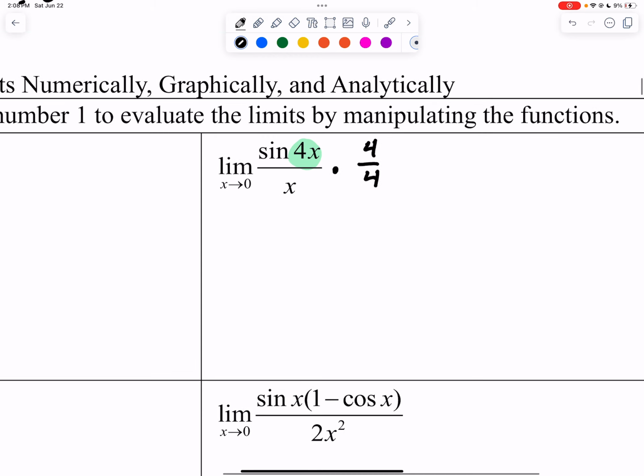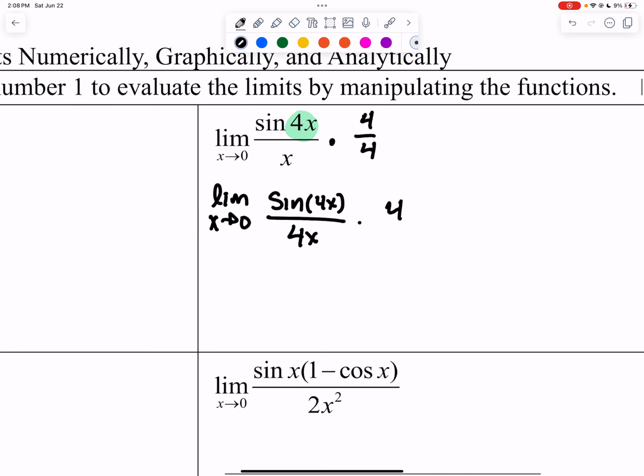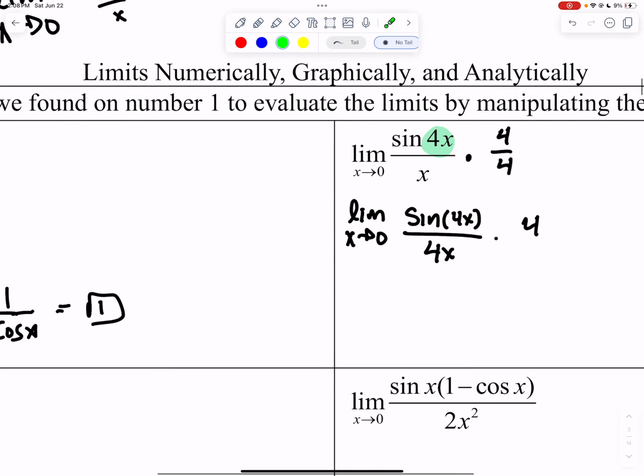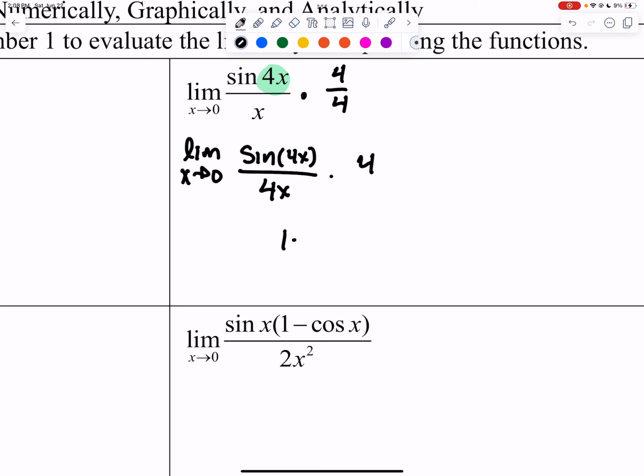And the reason why is because then my argument is going to be the same. So now I have this right here, sine of 4x over x, which is going to give me 1 based off of this limit right here. And then I have 4, so 1 times 4 is just going to give me 4.